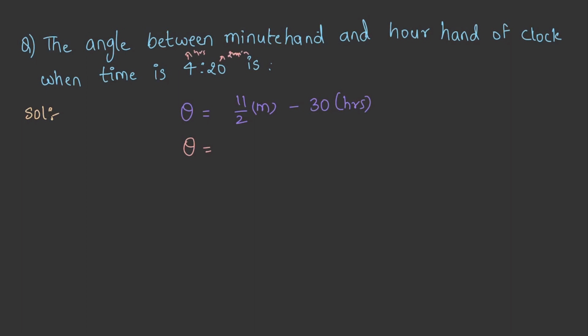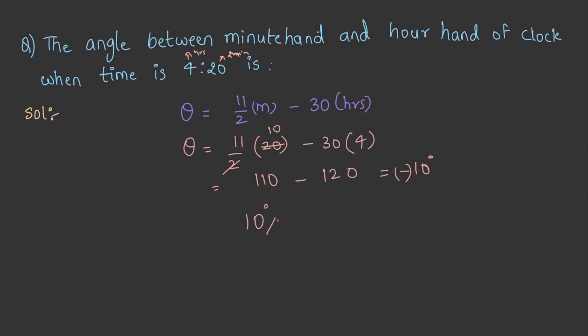Therefore, theta is equal to 11 by 2 into 20 minus 30 into 4 hours, that is 110 minus 120, that is minus 10 degrees. Since the angle at 4:20 is asked, the sign need not be considered, and therefore the angle at 4:20 is 10 degrees. That's the end of the first concept from the clocks.